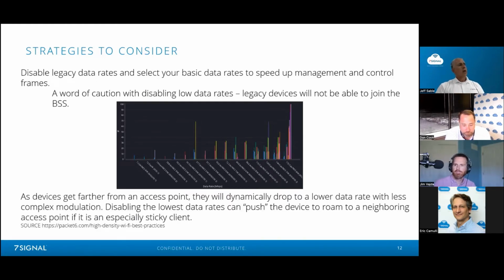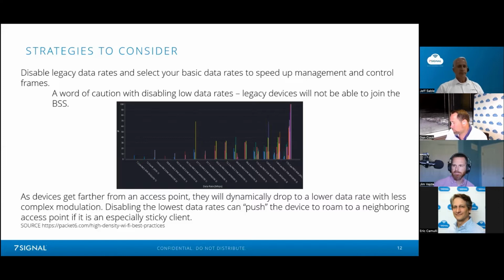Right. The other point that may be helpful is that devices moving away from an access point, and I want to say this correctly, will actually drop to a lower data rate to try to maintain distance. And by cutting off the lower data rates from an access point, you're pushing a device to roam, or encouraging a device to roam, to a nearer access point, presumably at a higher speed. Jim, did I say that okay?